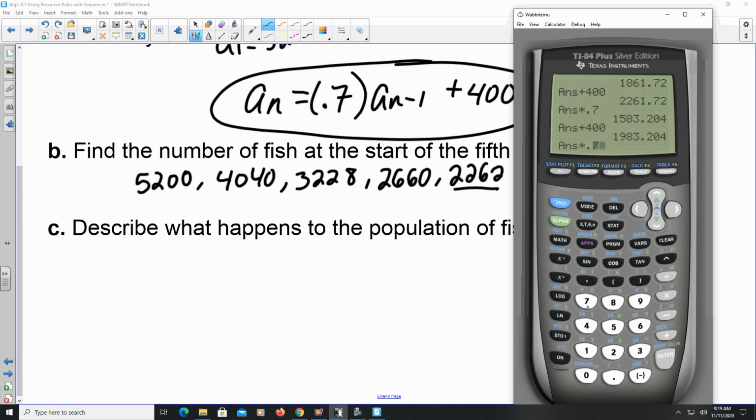Times that by 0.7 plus 400, I get 1788. Times it by 0.7, add 400, 1651. Times 0.7 plus 400. So 1556, still going down. Now we're at 1489, still going down.